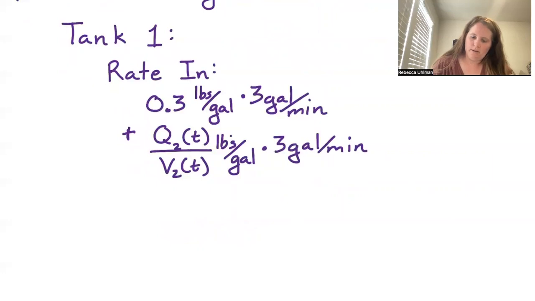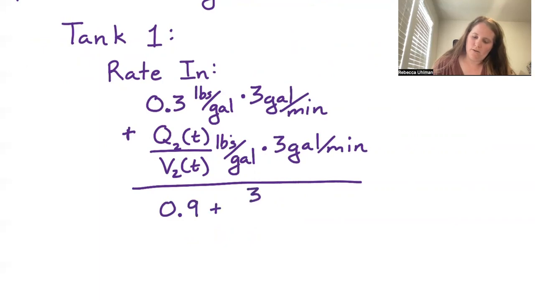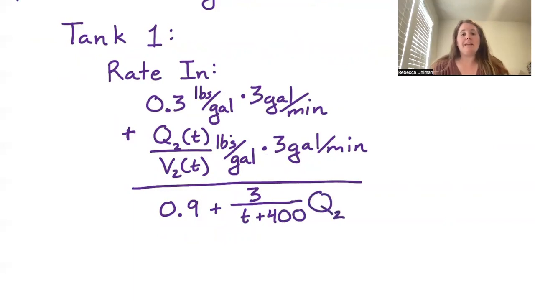So we get 0.9 plus 3 over V2 of T, which was T plus 400, times Q2. So this was our rate in.